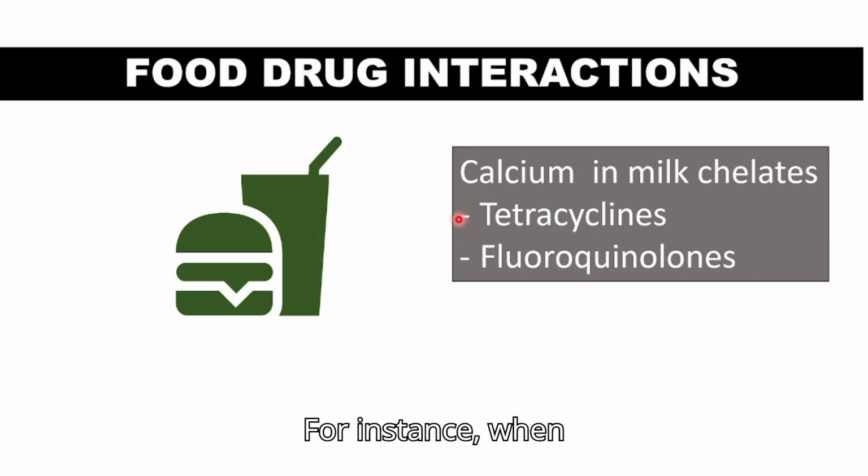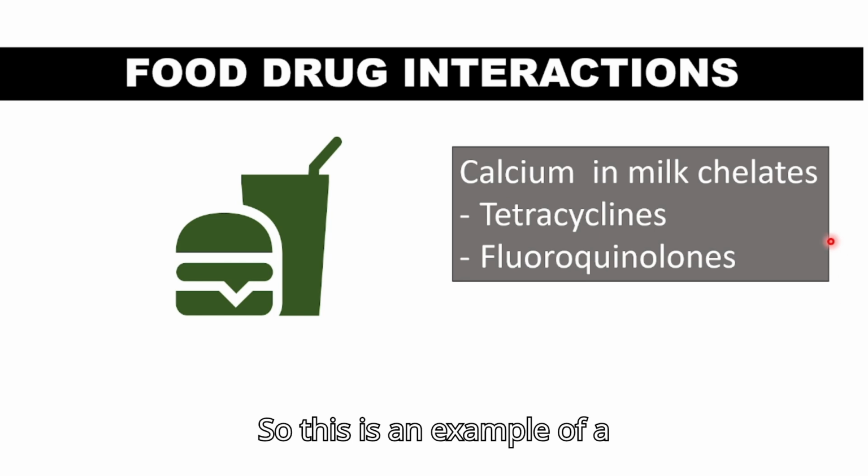For instance, when tetracyclines and fluoroquinolones are taken together with milk, the calcium in the milk undergoes a chelation reaction with these two antibiotics, forming products that are insoluble and therefore cannot be absorbed.